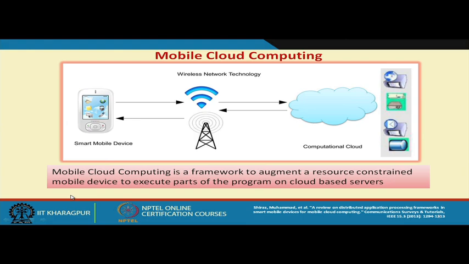One can argue that these days mobile devices are much more resourceful, but there is no match with the type of resources a cloud or cloud based servers can provide, right. There is absolutely no match. So, that means you can now run more powerful or more resource hungry applications on the device.